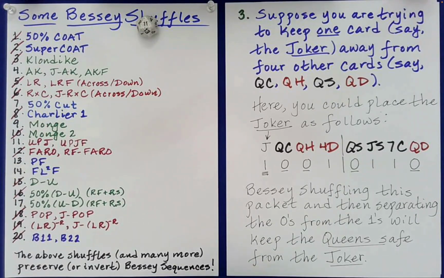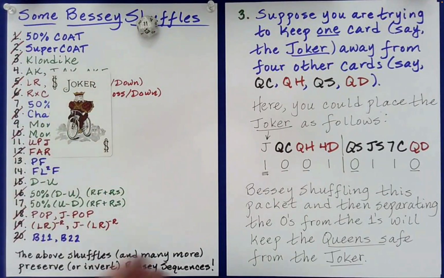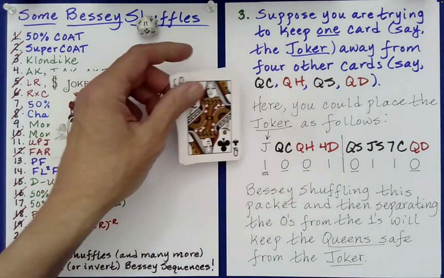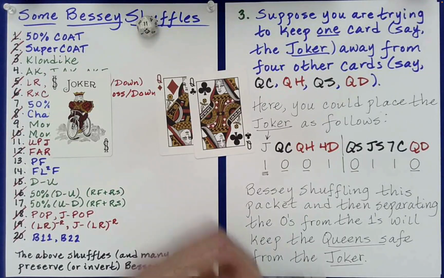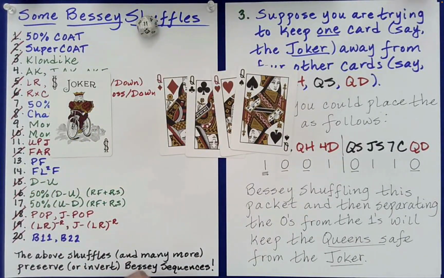For this third one, the narrative we're going to use is we'll have one joker who is a dangerous fellow. This guy is to be avoided at all costs. And then we have the 4 queens.